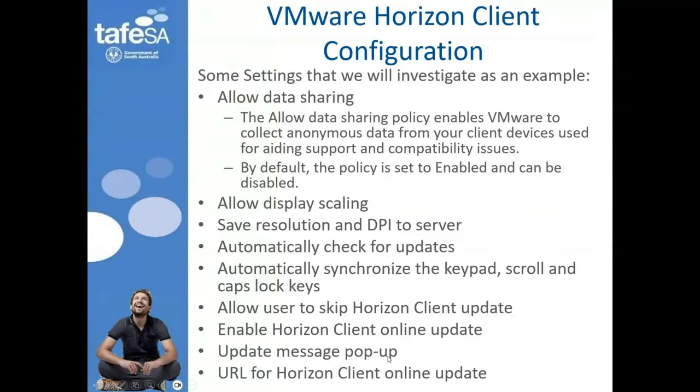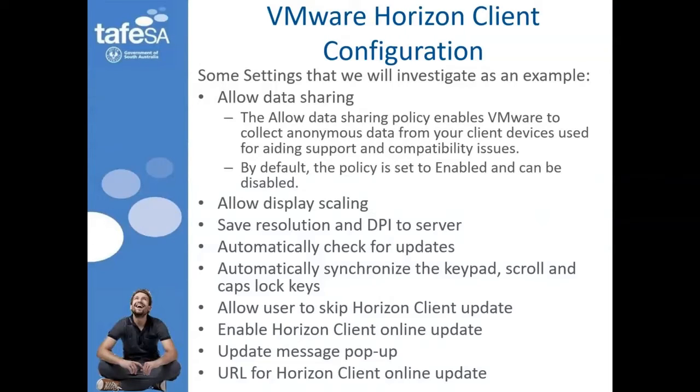And there's an update message pop-up. This setting allows you to configure the message that will pop up to the user if they have to update their client. It's just for communication with the user, and you could make it polite.